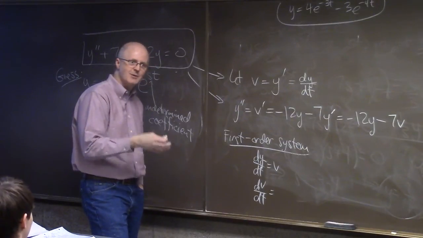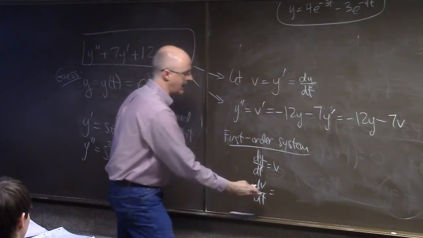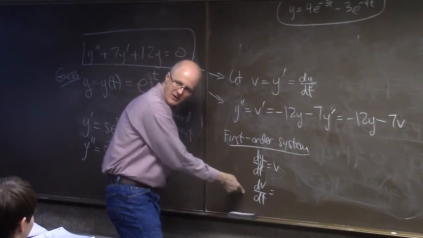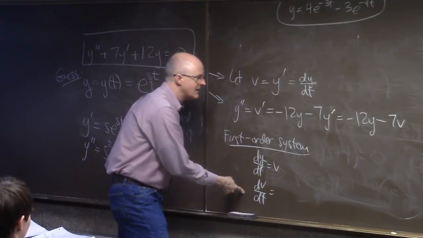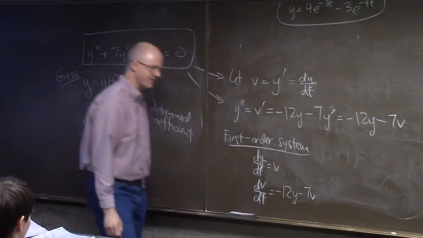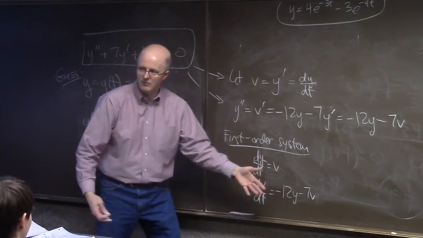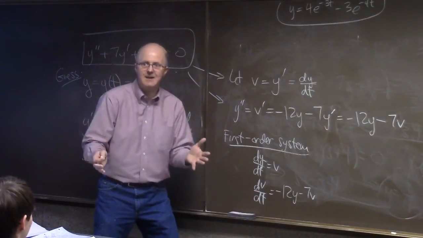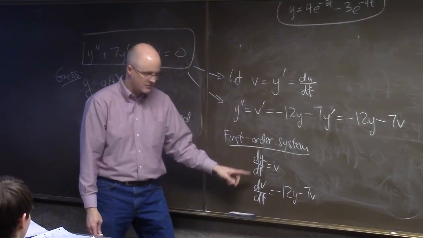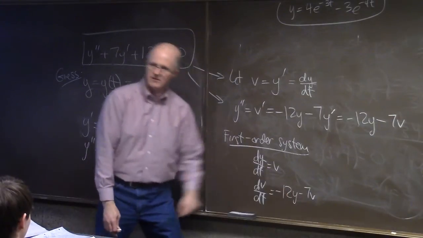However, it'll matter for using matrix methods in chapter 3 to get the order right in the second equation, to put the y term first and the v term second, because the y equation is first and the v equation is second. That's why I write negative 12y minus 7v. It would be okay, technically, to write negative 7v minus 12y. However, it's a bad idea because when we use matrix methods in chapter 3, we will want the orders to be consistent: y then v here, y then v there.